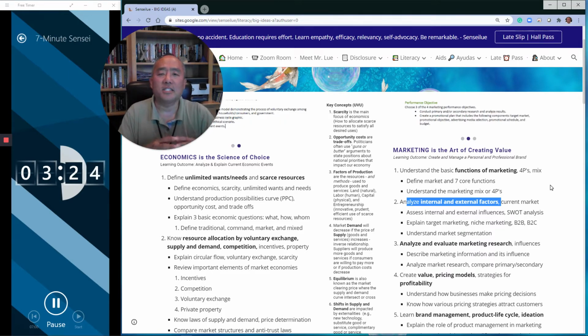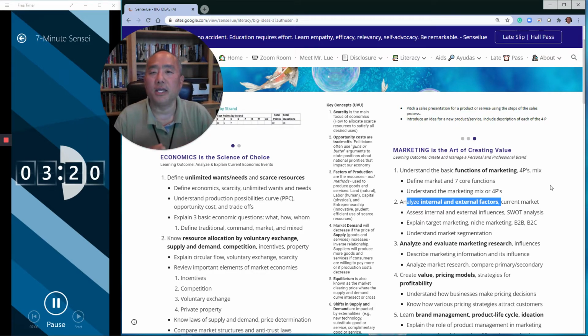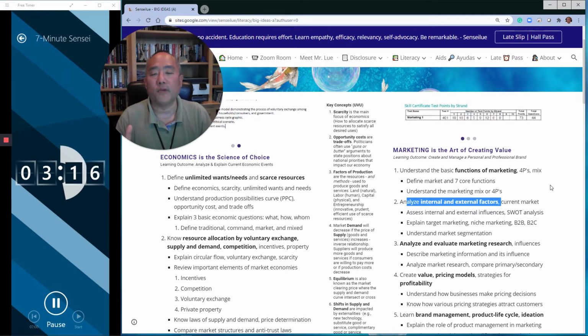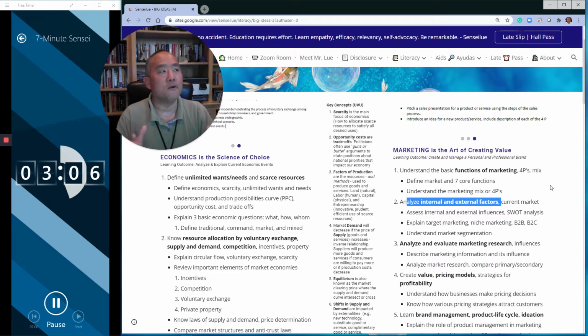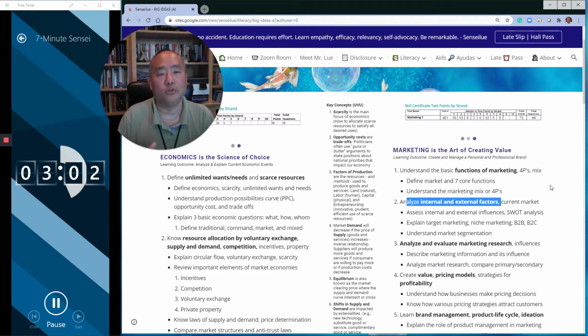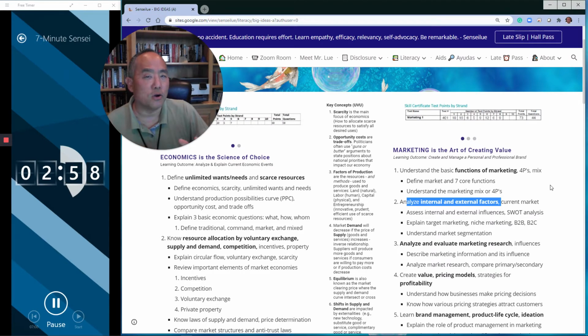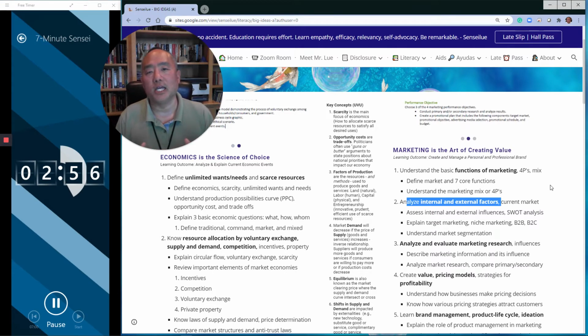Now, in this strand, we also study target marketing and niche marketing. Now, target marketing makes perfect sense. It really is the idea that you identify who your customer is and you cater and you serve that customer as best as you can. Also in this category or strand, we learn about market segmentation.